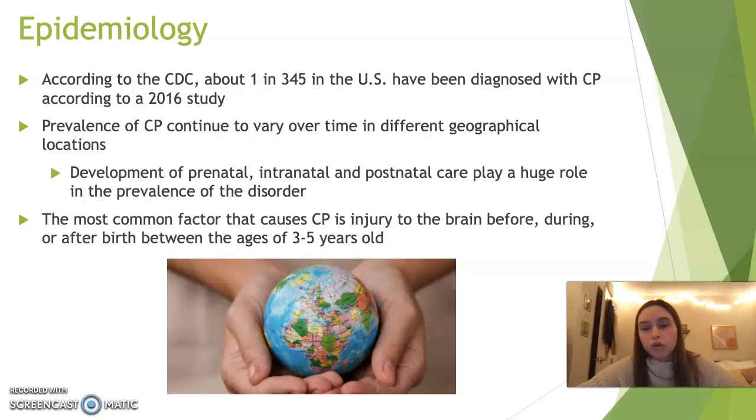That plays a huge role in the prevalence of the disorder. In different geographical locations, people have more access to those different types of care when they're pregnant, so that can definitely play a big role. And the most common factor that causes CP is injury to the brain before, during, or after birth, between the ages of 3 and 5 years old.